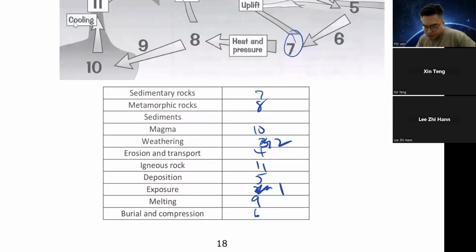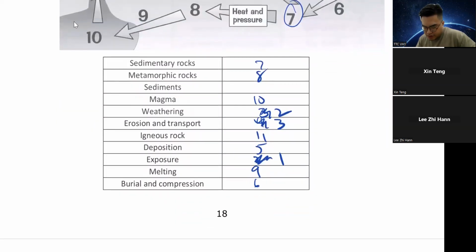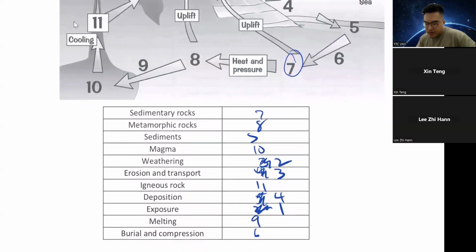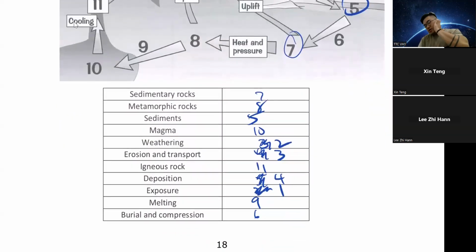Sorry guys. 3 is erosion and transport. 4 is deposition. 5 is sediment. Okay, it's confusing here.